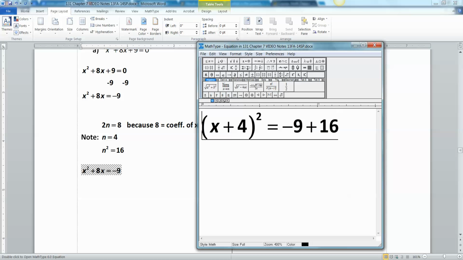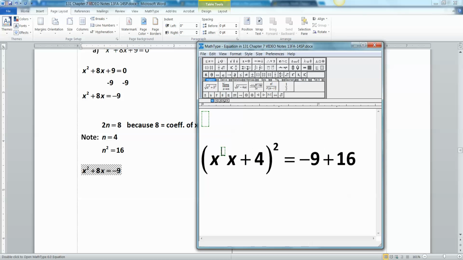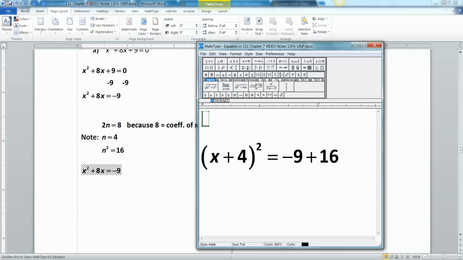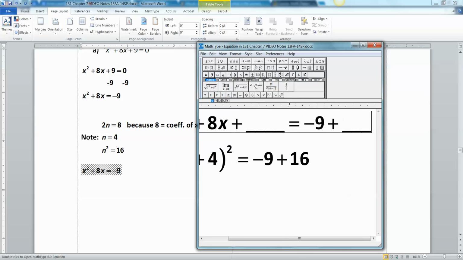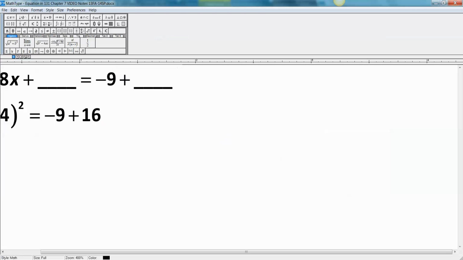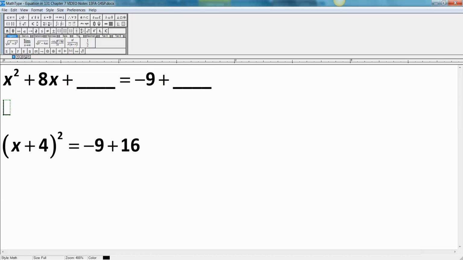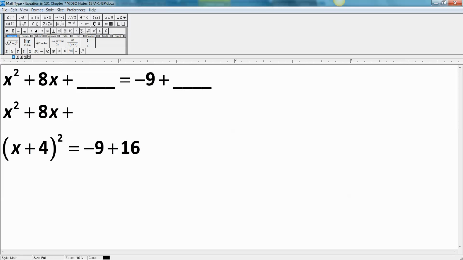Here's what we're doing. So it's x squared plus 8x plus something equals negative 9 plus something. You're adding on something to both sides to turn it into that perfect square trinomial that you want. And that something that you're adding in is the n squared. It's 16. So you're making it x squared plus 8x plus 16.